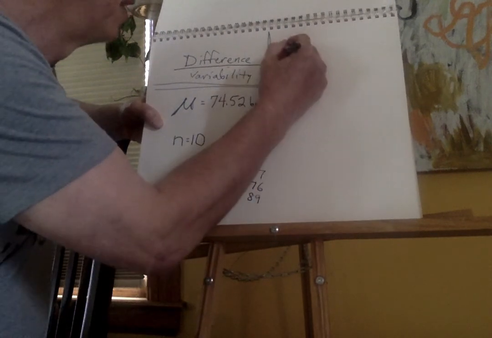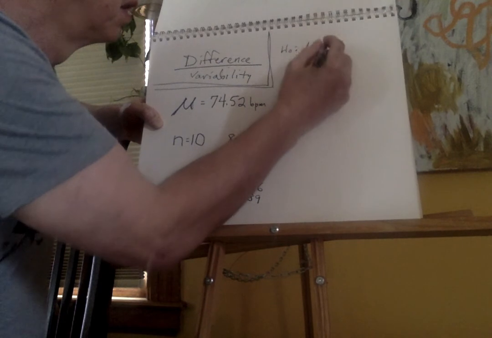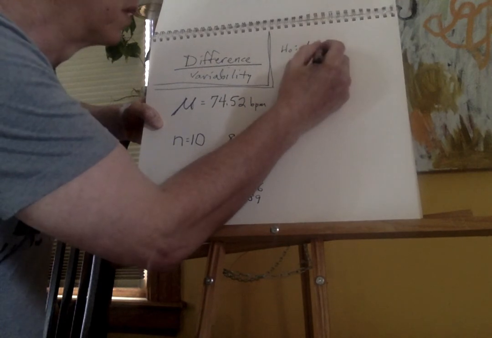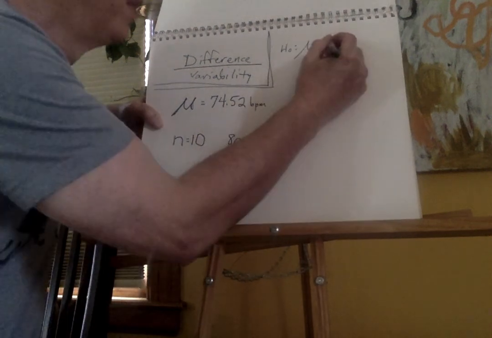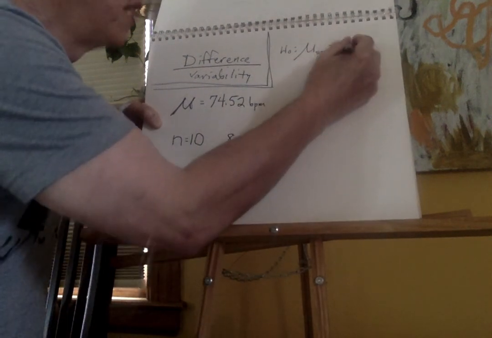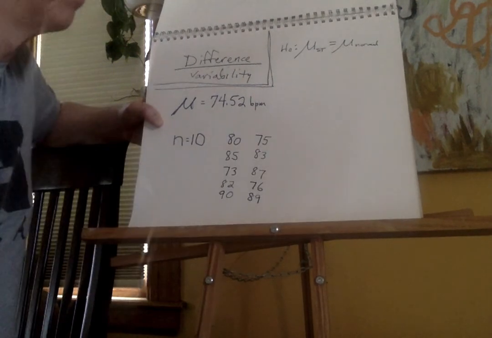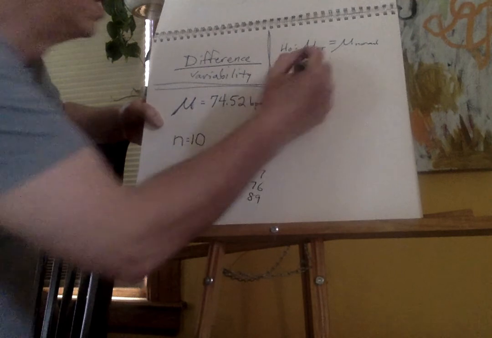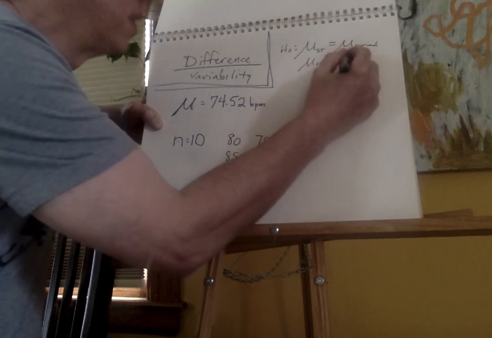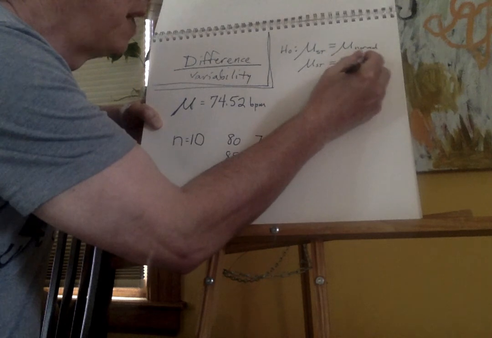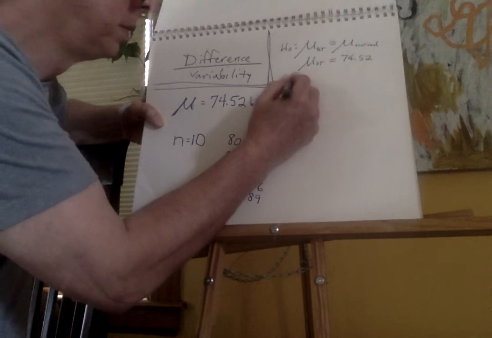So my null hypothesis is that, what do we want to call this? Soundtrack, okay, it doesn't matter. That soundtrack is going to be equal to what we normally see, normal heart rate. Or the soundtrack is going to be equal to 74.52 beats per minute, okay?